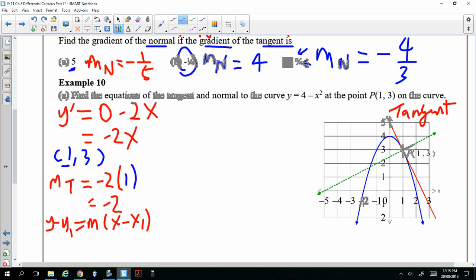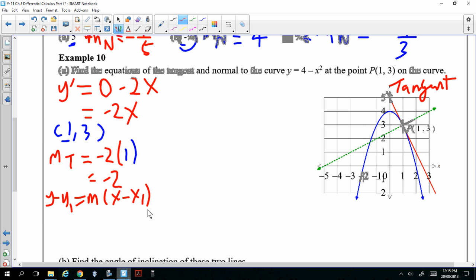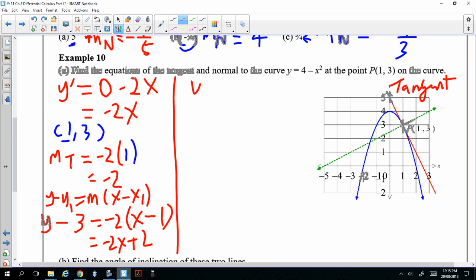Then y minus 3 equals -2(x minus 1). If you expand this, you get -2x plus 2, and therefore y equals -2x plus 5. That's the equation of the tangent.